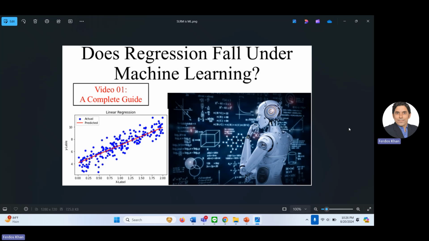So if someone asks you and you know about this concept, you can convince him or her that yes, this is machine learning. In fact, we do all these processes in estimating a regression model, but we don't see that actually. We just run the function, and all these processes are behind this regression estimation. So the conclusion is that yes, regression is a machine learning technique.